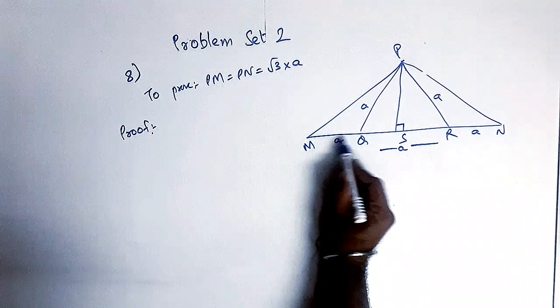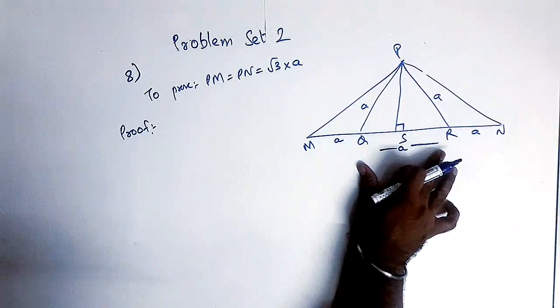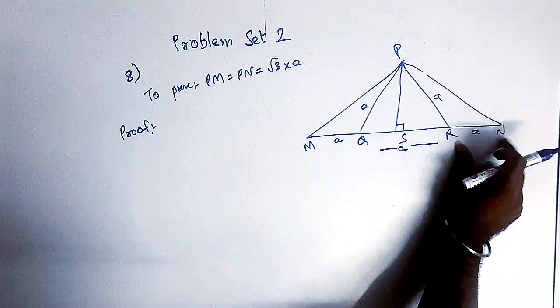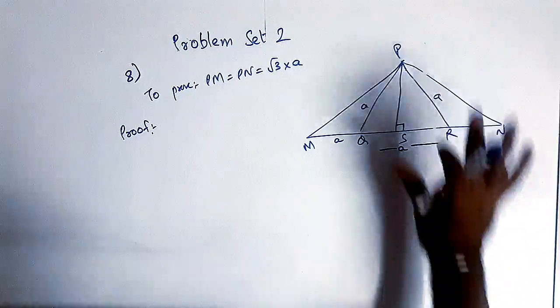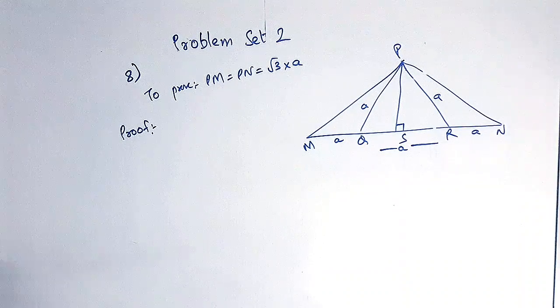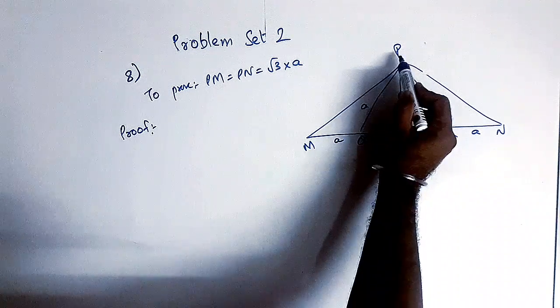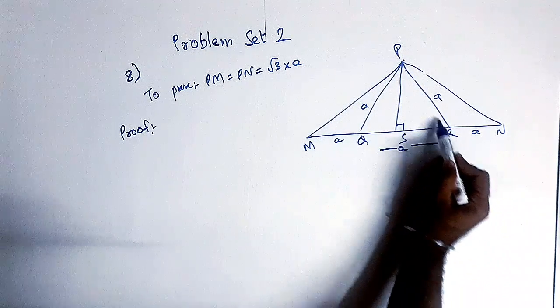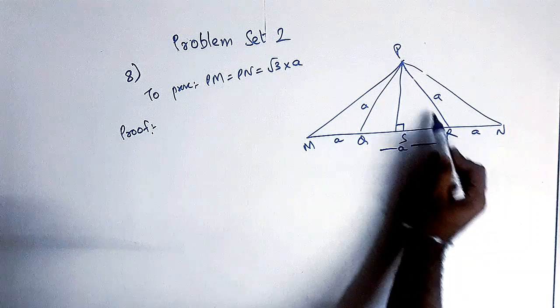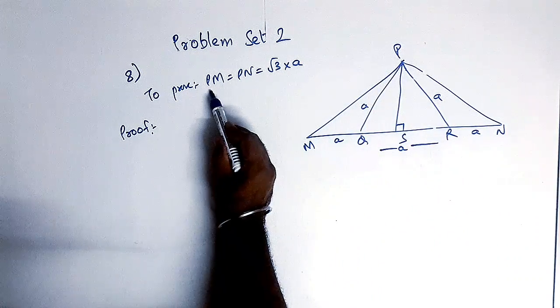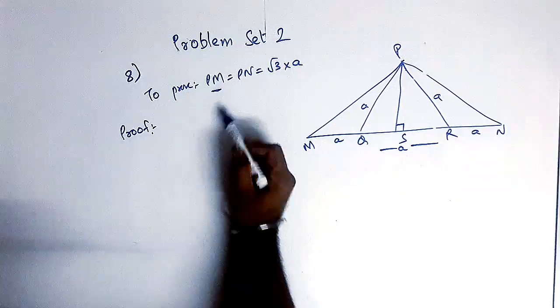You can see this side is A, this side is also A, this is also A, this is also A. Observe the name of the triangle I am taking very carefully. I am talking about triangle PMR. Look at triangle PMR. This triangle I am taking, because we want to find the value of PM.